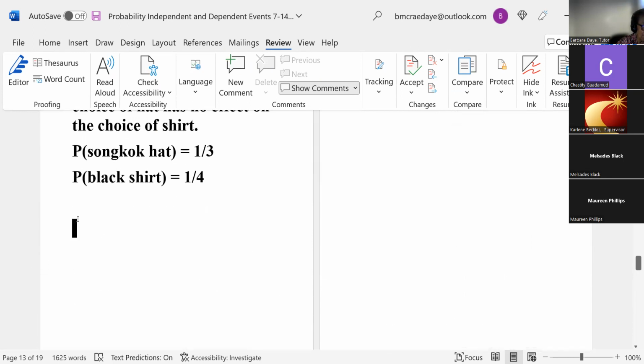Let's just write this as the probability of sangkak hat and black shirt.